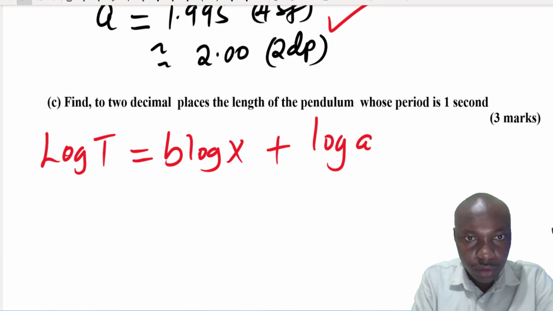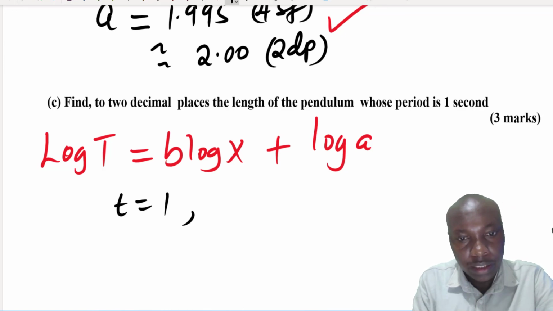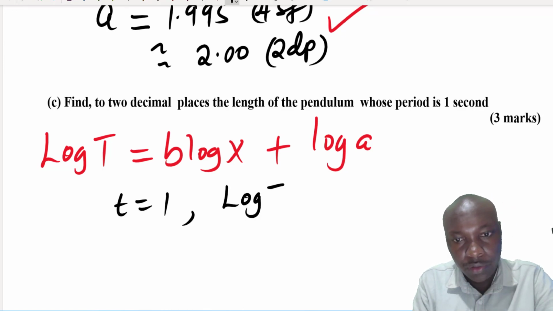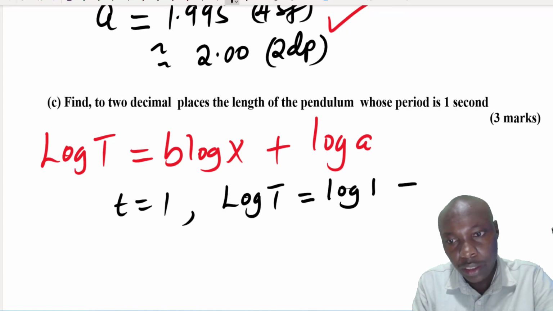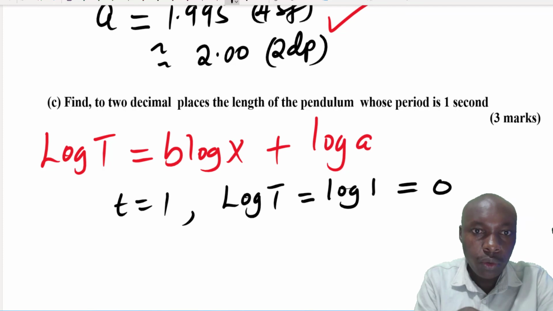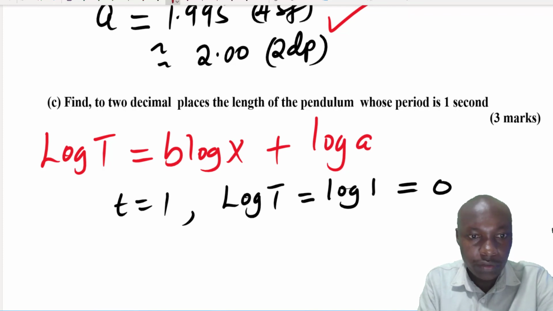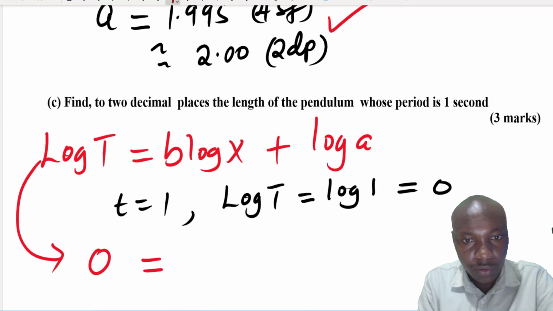So t is equal to 1, and this tells us that when you're getting the log of t, this will be the log of 1, and the log of 1 is 0. So when substituting these values in this equation, log t will be 0.